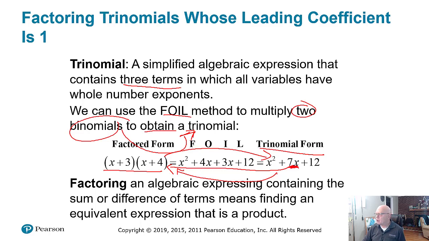Factoring means you're taking the FOIL backwards. And by the way, I'm not going to mention it in this video, but there's something for factoring that expression. It's called the AC method. Make sure you ask about that in class, and I'll explain it.